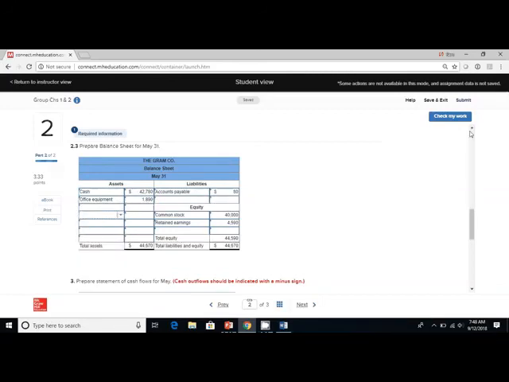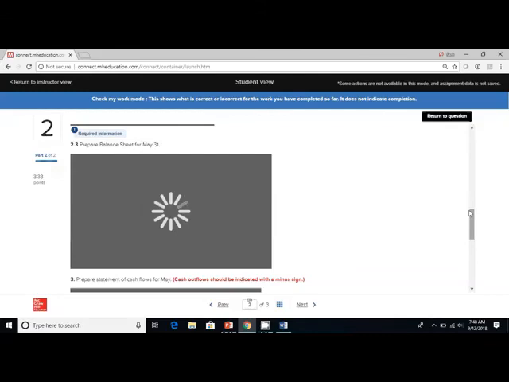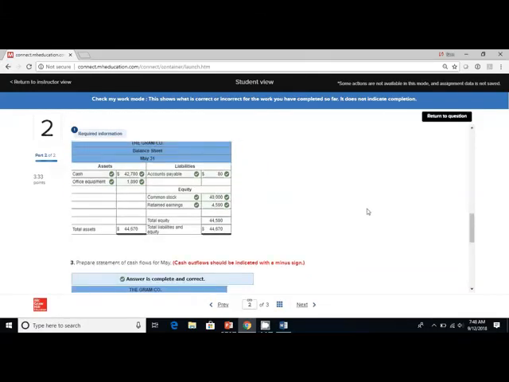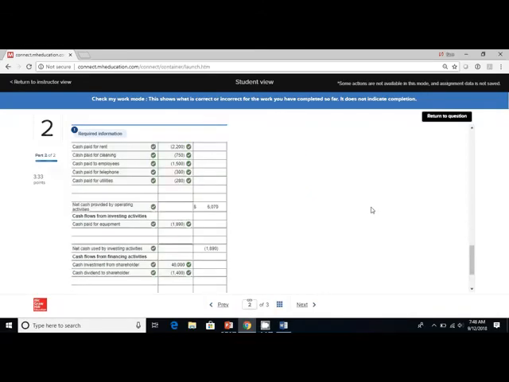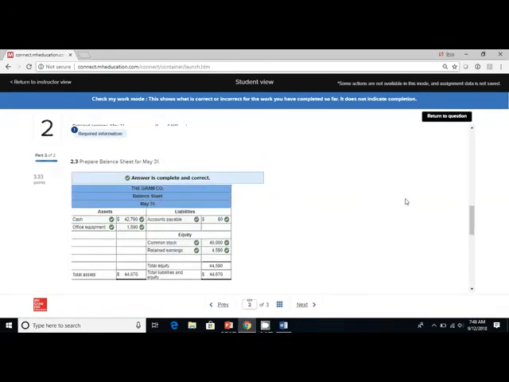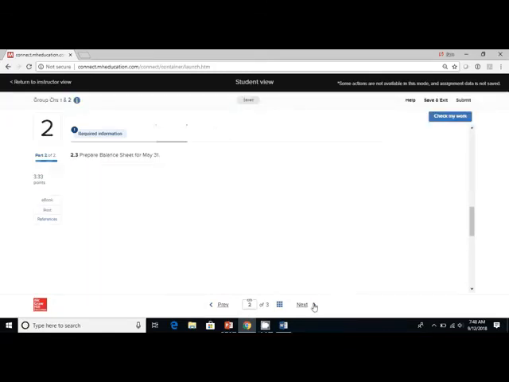We've still got 44,670. Everybody see what I did? Took that accounts receivable out of there, hit check my work, and it looks like now we're good. So don't use those 0 accounts. There's the statement of cash flows. Looked like it did all work out once I corrected myself. Okay, return to the question, and let's move on to the next set.